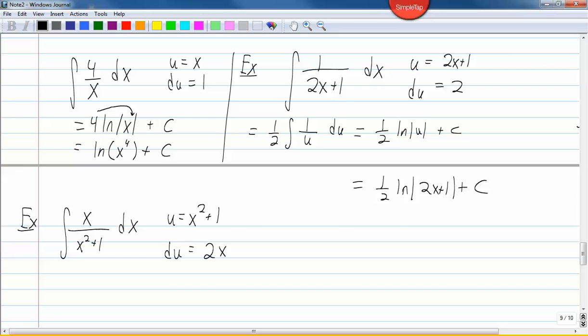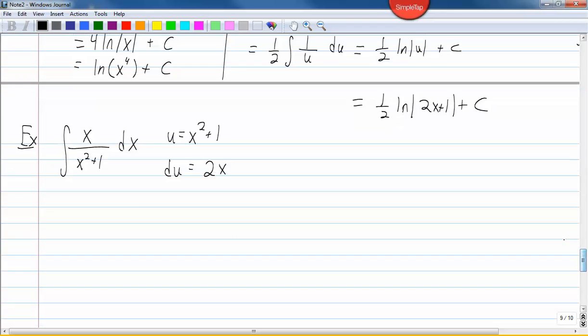It is a 1 over u du integral. What do I need to bring out? A 1/2 because of this 2. So I can rewrite this integral as 1/2 times the integral of 1 over u du. Okay?